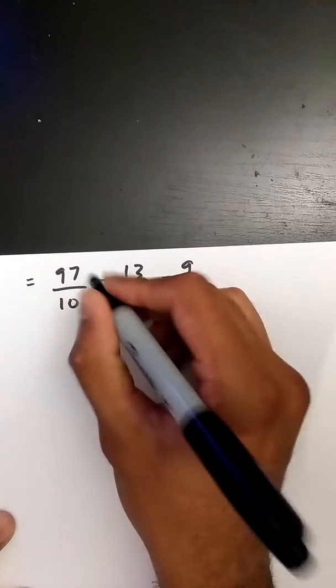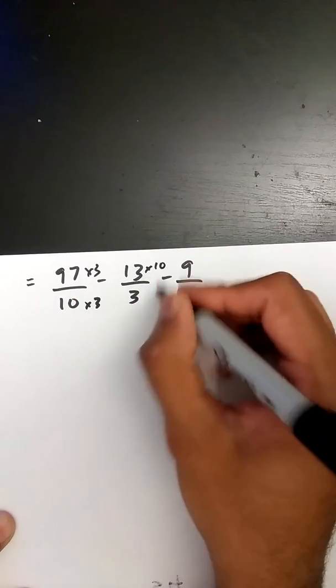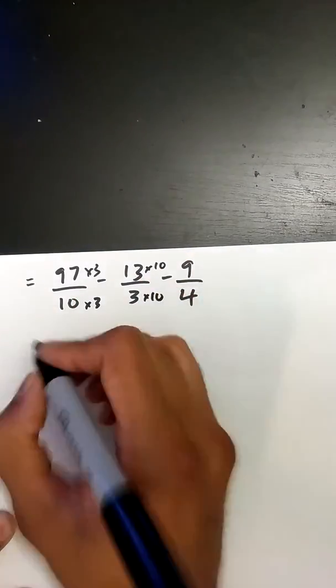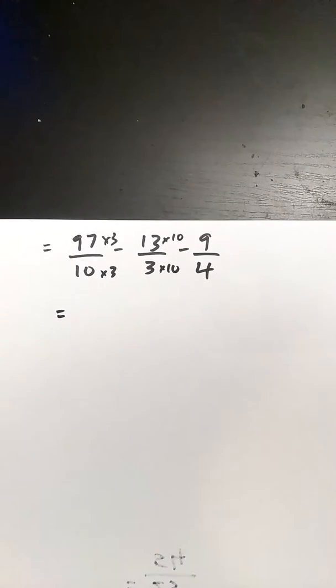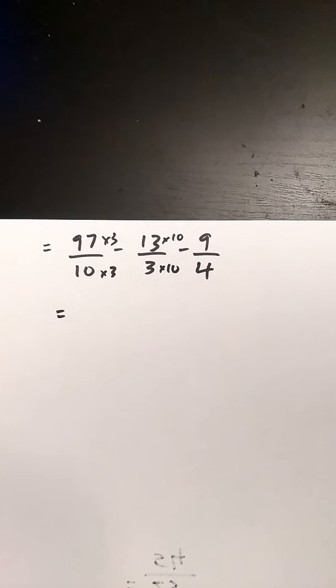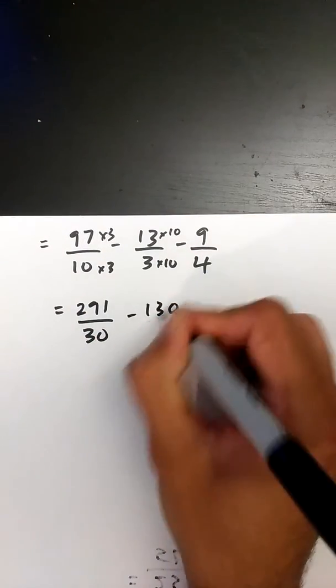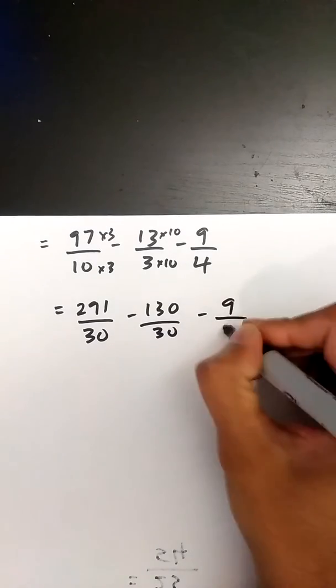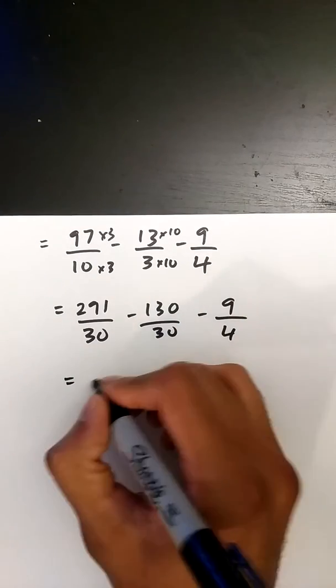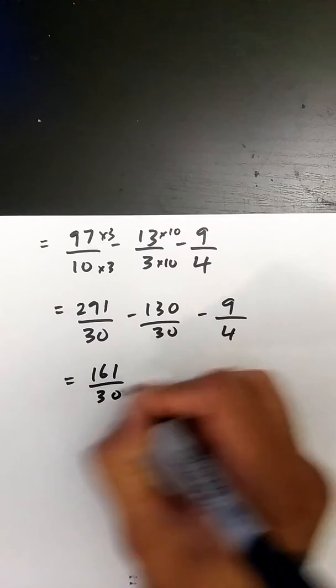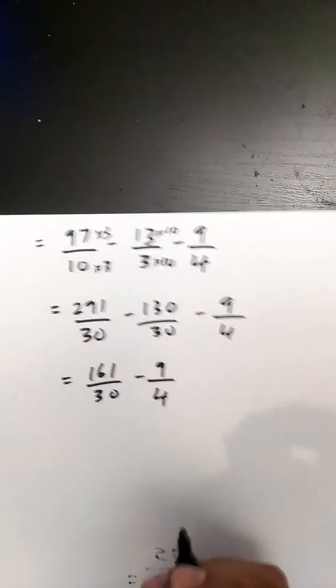I'm going to multiply that by 3, multiply that by 10. 97 times 3. 291 over 30 minus 130 over 30 minus 9 over 4. Just 161 over 30 minus 9 over 4.